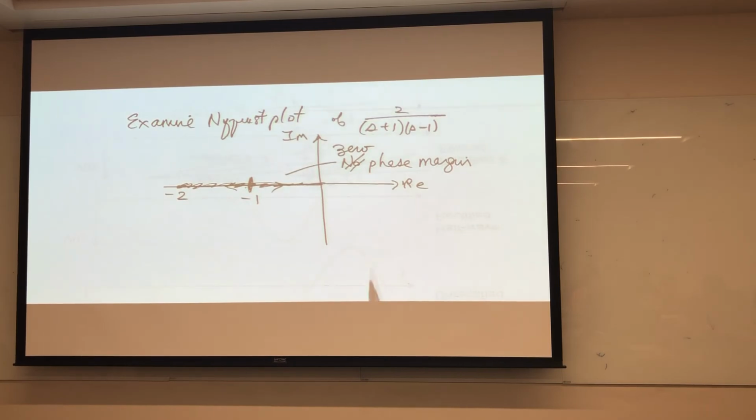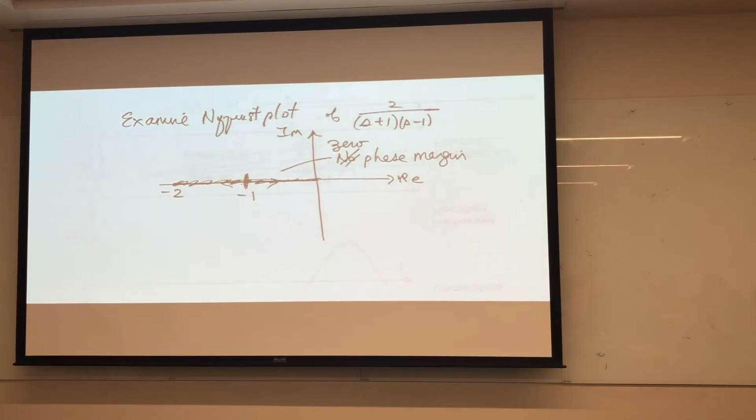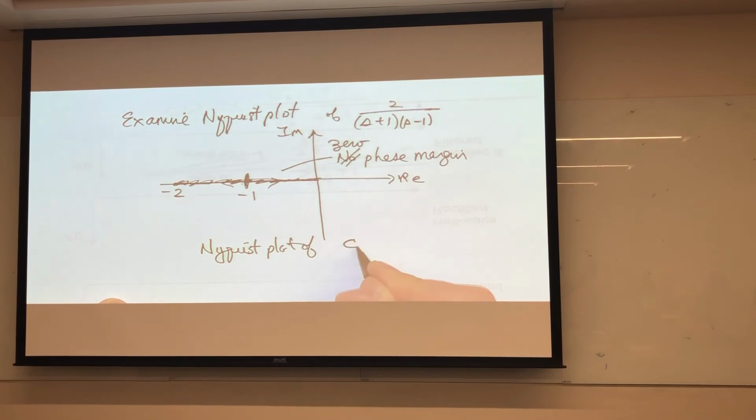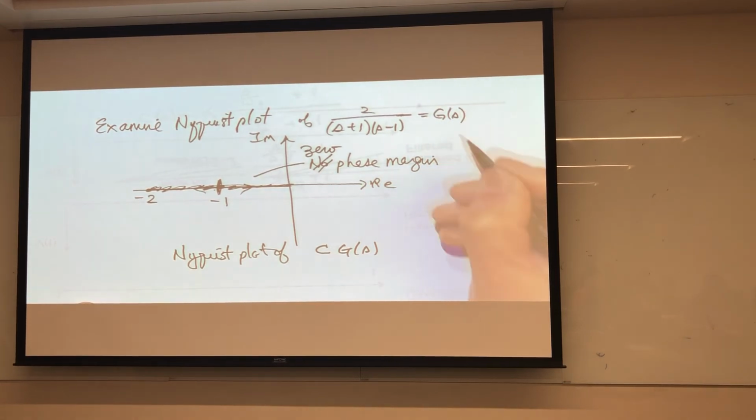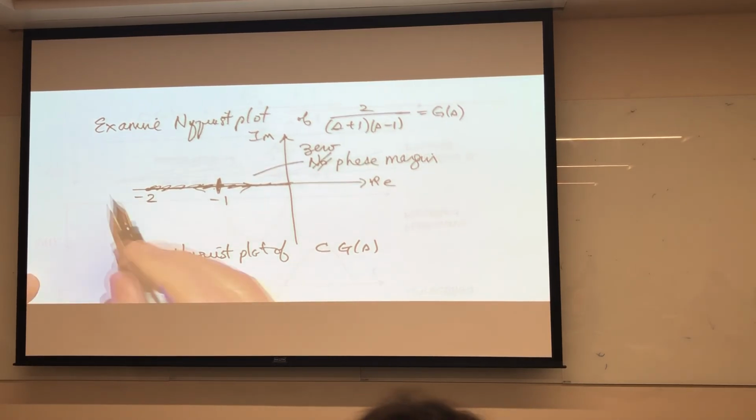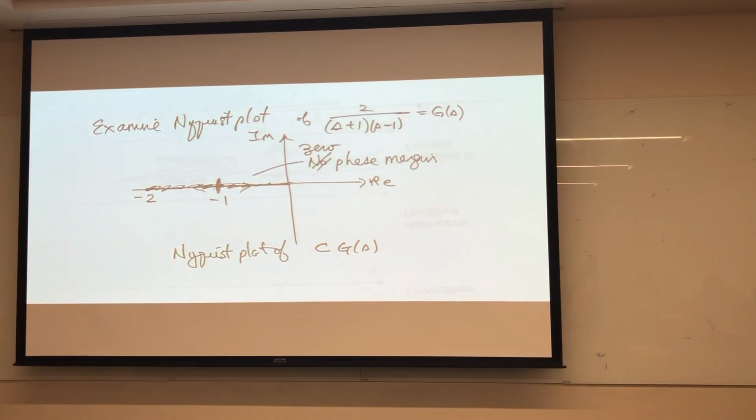With the phase lead, what's going to happen, and I'm going to do now a Nyquist plot of C times G of S. This is just G of S. With the compensator, I'm going to add some phase lead. And so what's going to happen is the overall gain is going to increase.